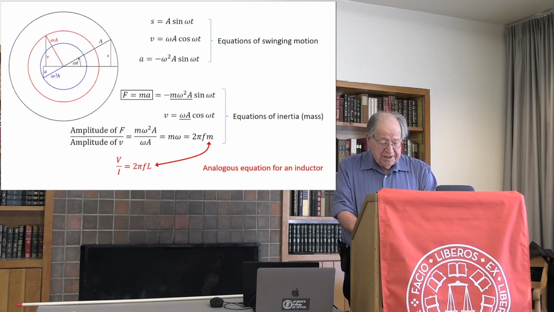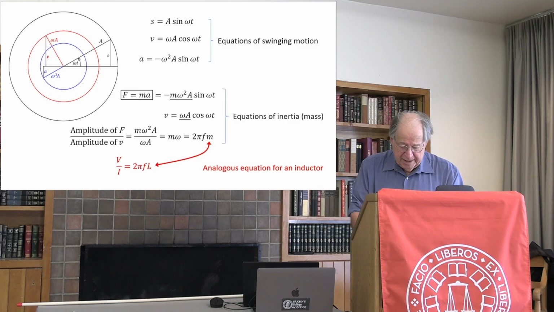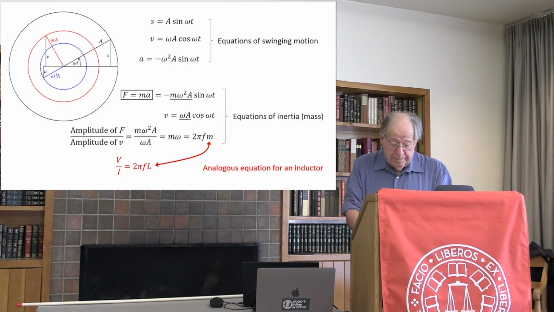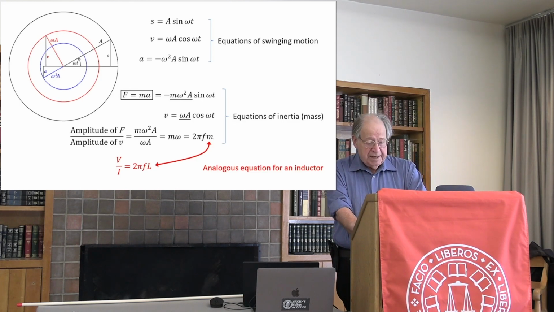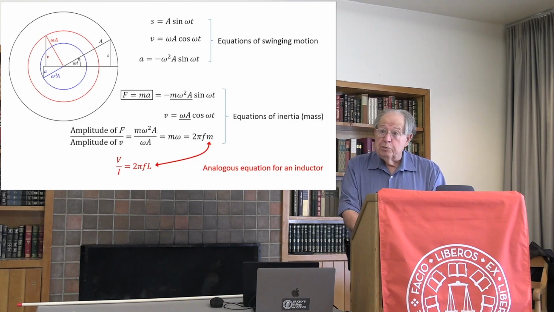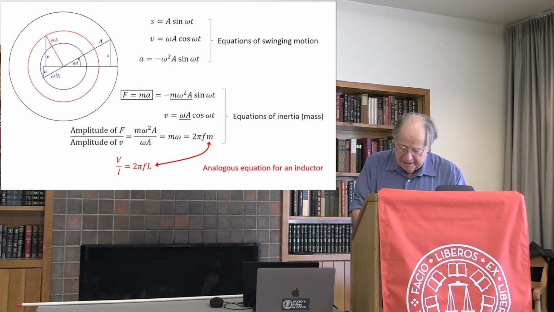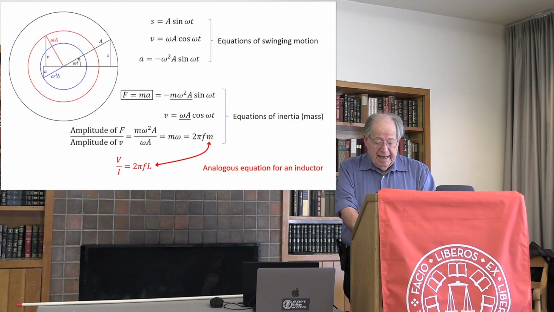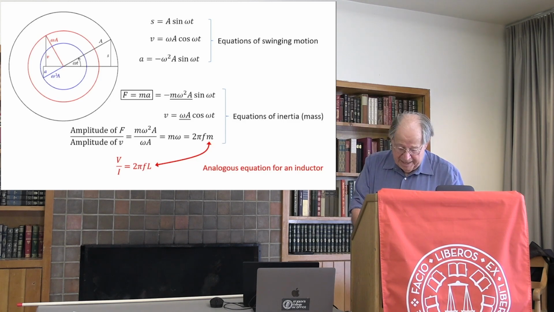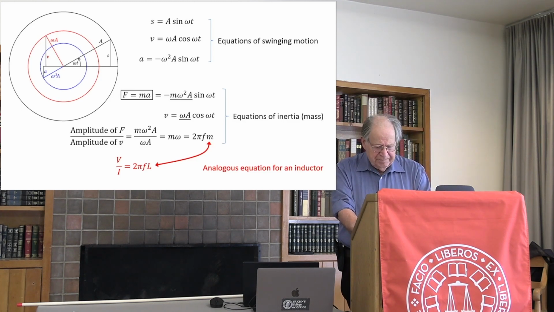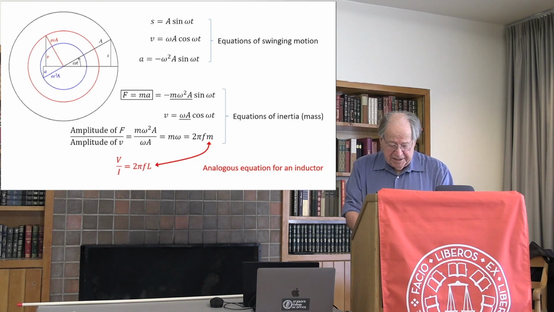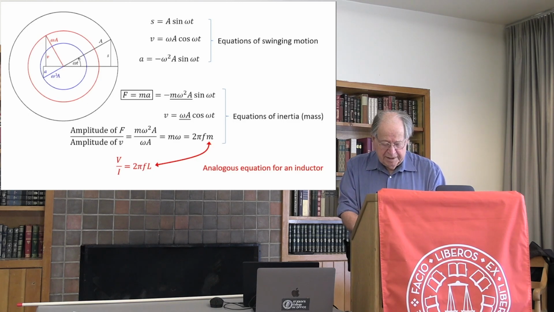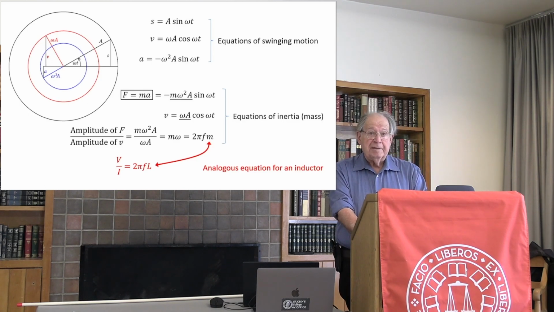So when we substitute the acceleration equation, A equals minus omega squared A sine omega t, from the blue radius, into the second law, we have F equals ma, that's the second law, equals minus m omega squared A sine omega t.